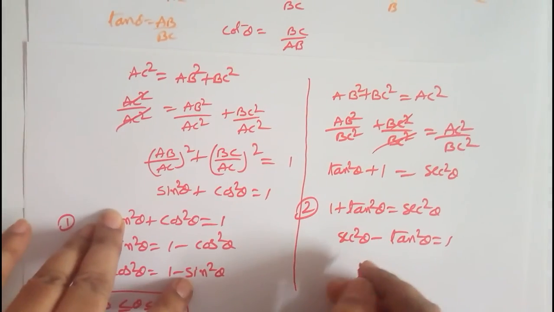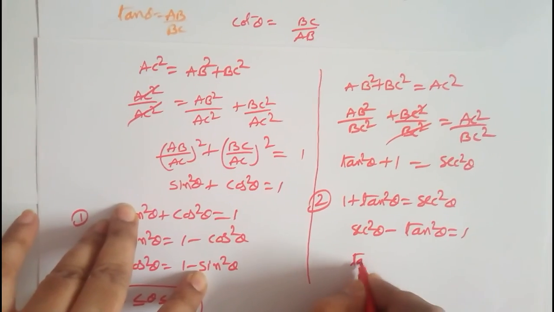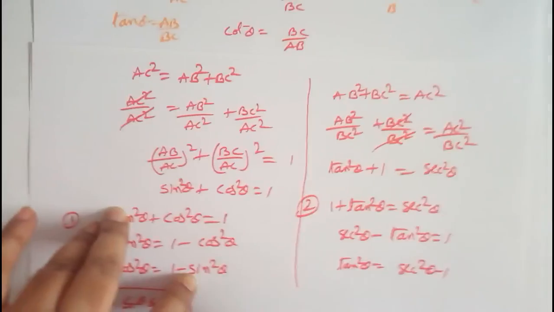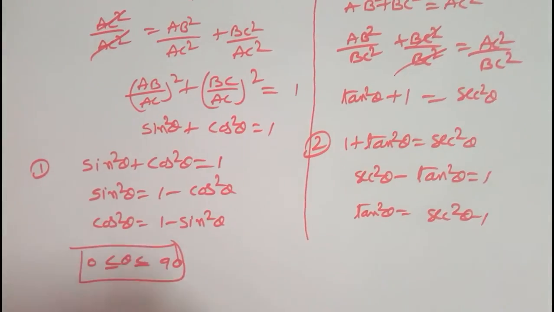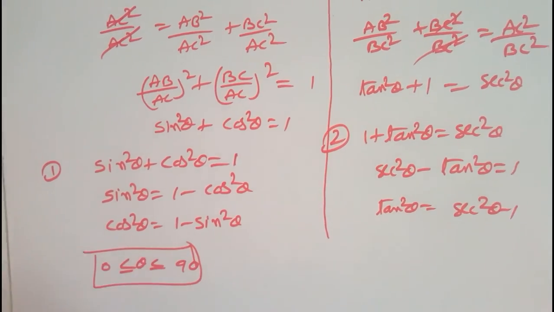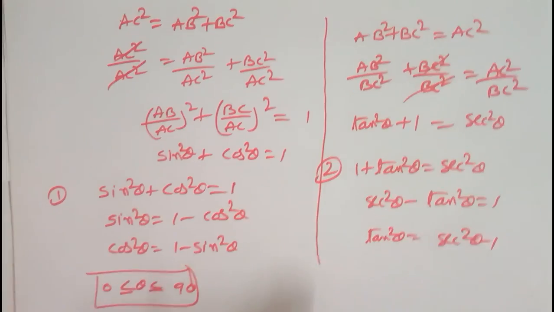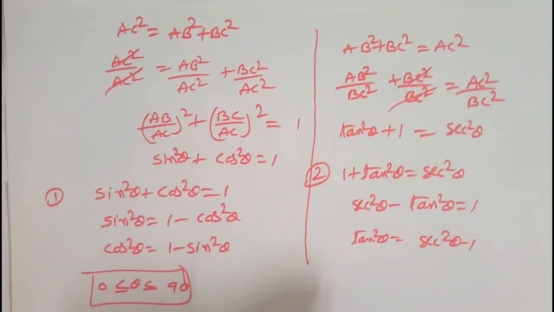Next, tan square theta is equal to secant square theta minus 1. Now consider again the Pythagoras theorem. So here the trigonometric identity is 1 plus tan square theta is secant square theta.